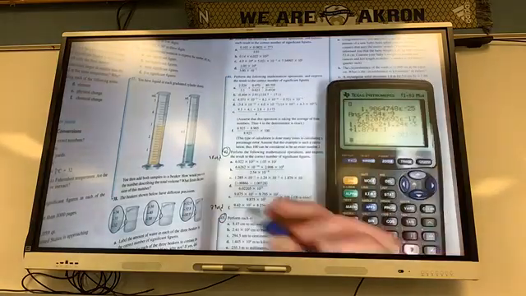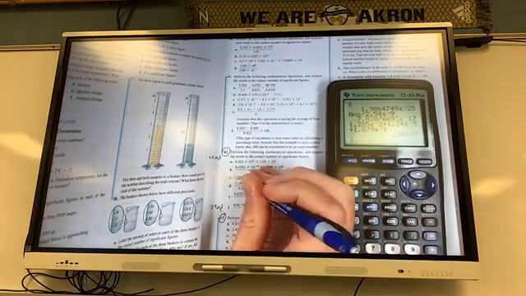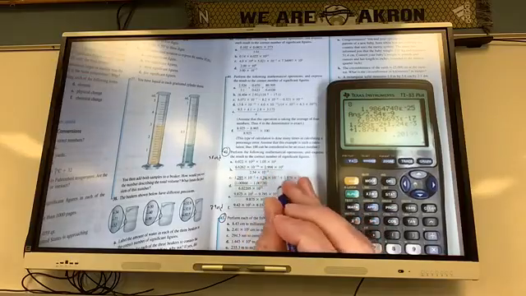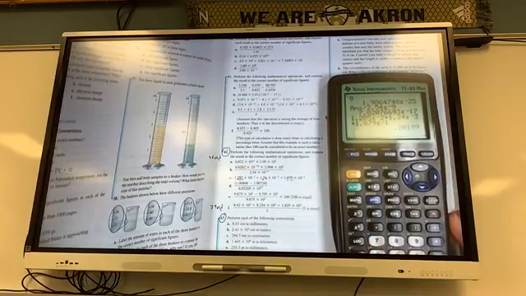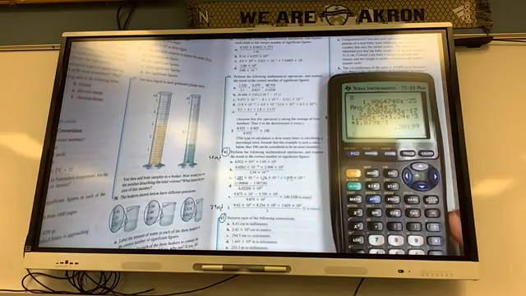So on this I have 1, 2, 3. I've got 1, 2, and I've got 1, 2, 3. And my answer should only have 2 after the decimal. So my answer should be just 0.20.